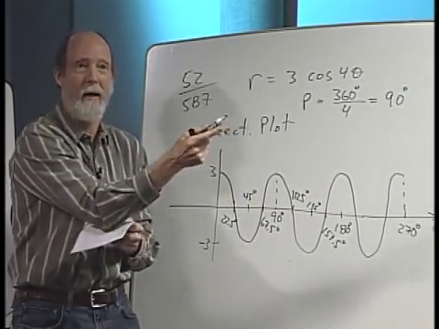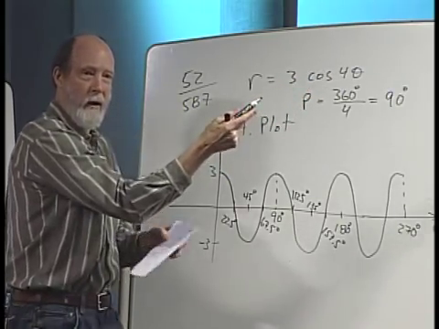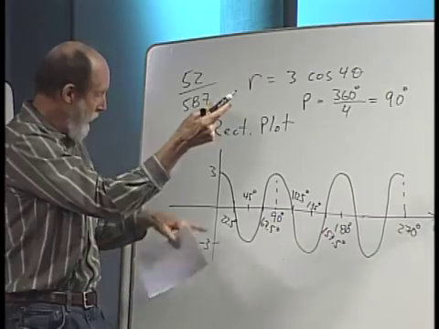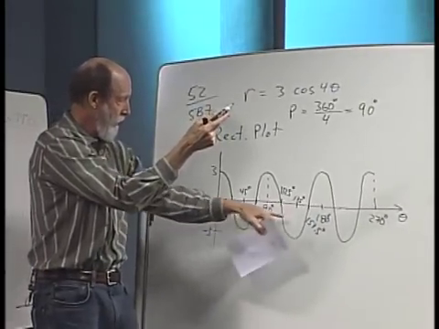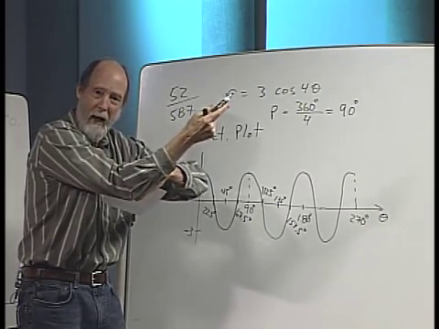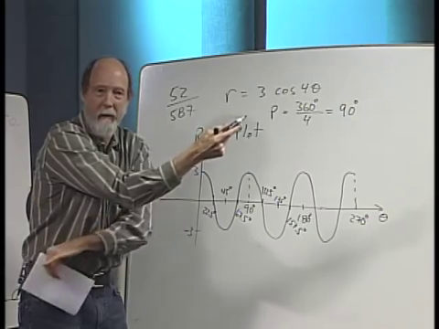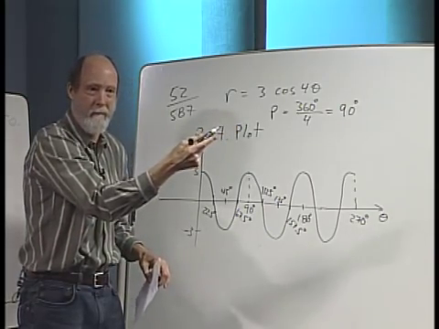Out along that line is positive. If the radius happens to be negative, like you see in some of these regions here, then your radius actually is going to be plotted back the other direction along that line.